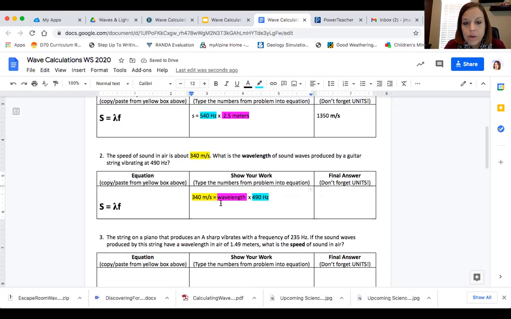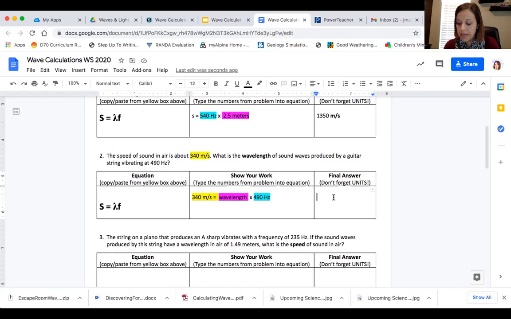So I have 340 meters per second is equal to the wavelength, which is what we're missing, times 490 hertz. So use your math brain. In this one, I need to find wavelength. So I'm not going to multiply, okay? What do I need to do with those numbers? Instead of multiply, what am I going to do? Okay, good job, Trey. Yep, Chelsea's got it. I am going to divide.